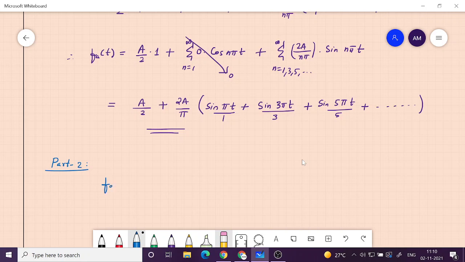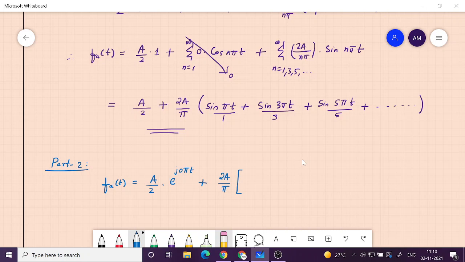so here we have this function. The constant I can write as e raised to j0 pi t. Omega naught is pi, and then plus 2a by pi sin pi t.